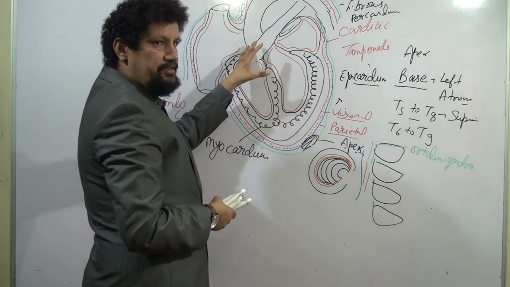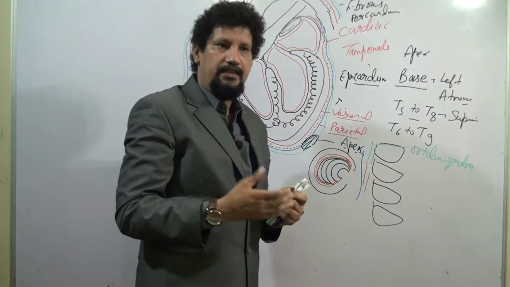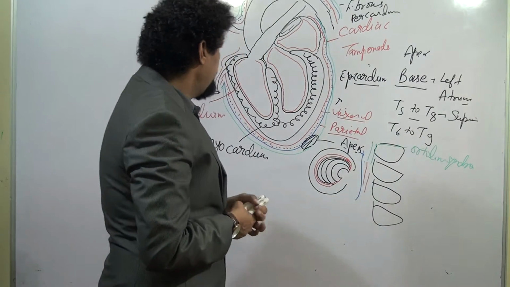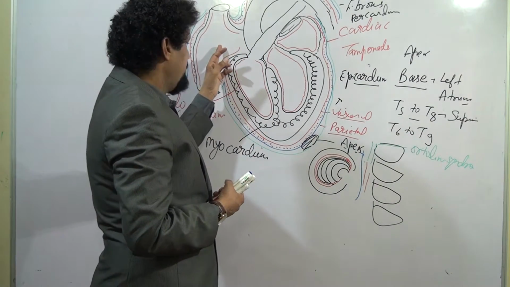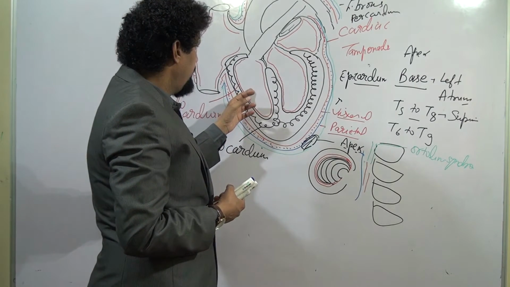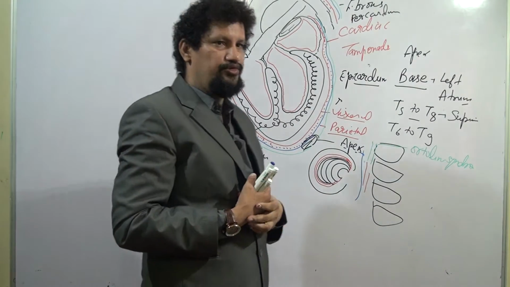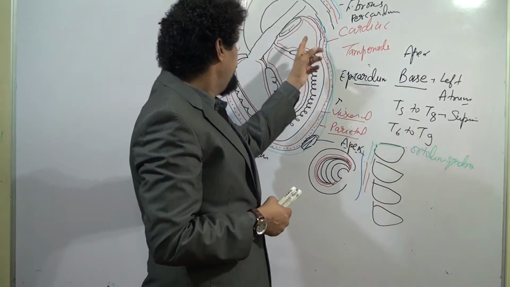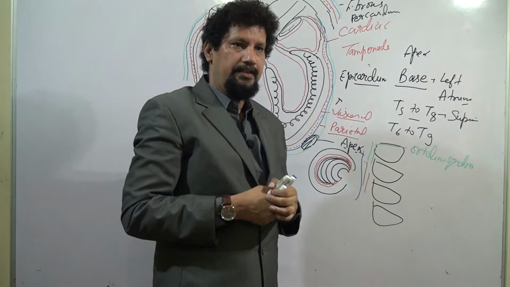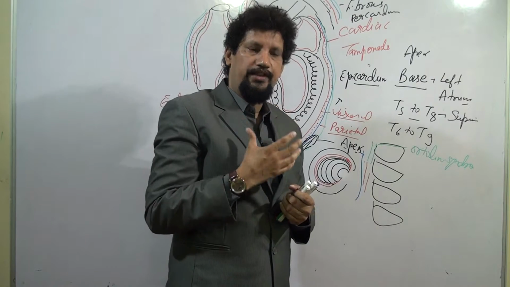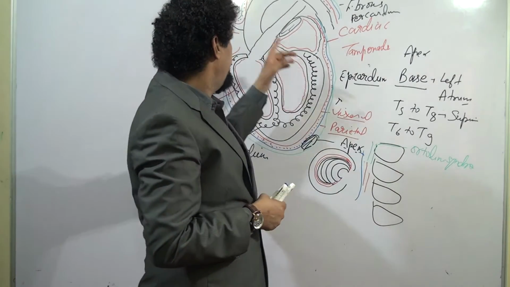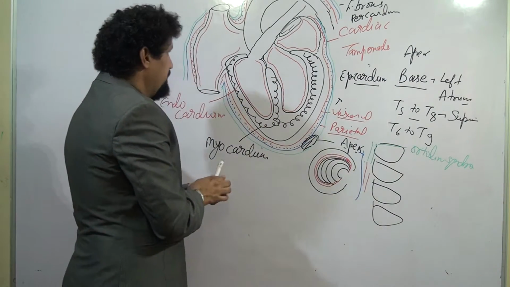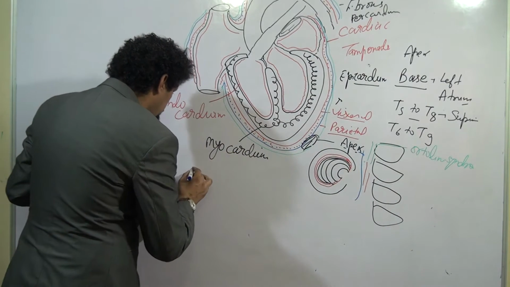This is the anterior surface of the heart, and it is lying just behind the sternum in the middle mediastinum, and this is formed by the right atrium, right ventricle, and a small contribution from the left ventricle. The right ventricle is lying in the posterior part of the heart, so it is not visible in the anterior surface or the sternocostal surface. Anterior surface is also known as sternocostal surface.